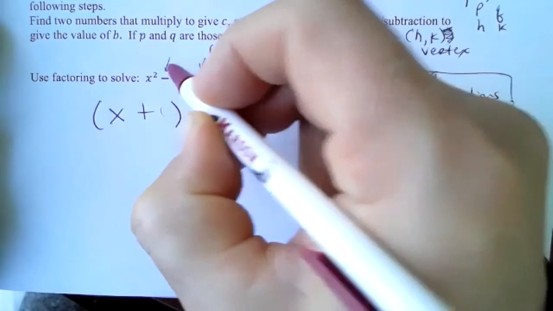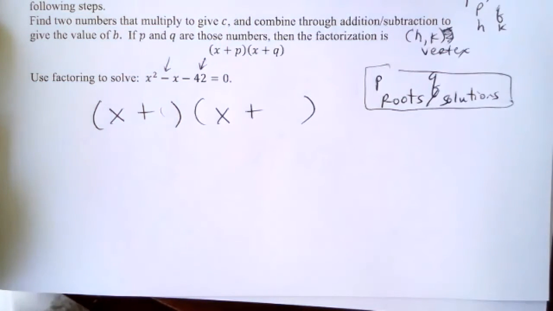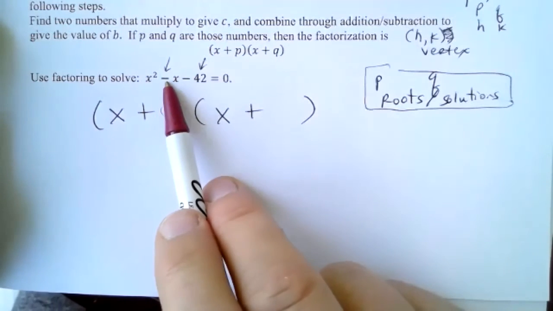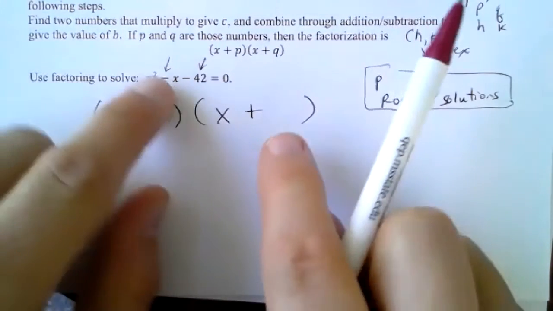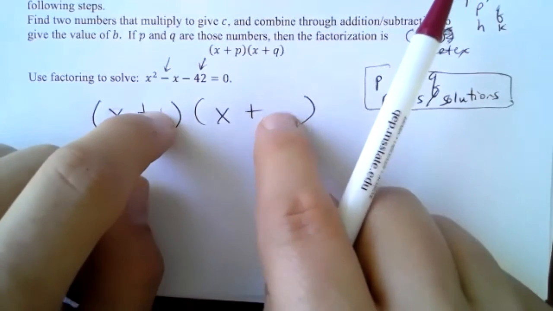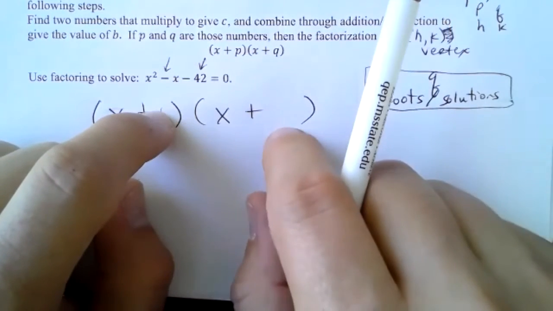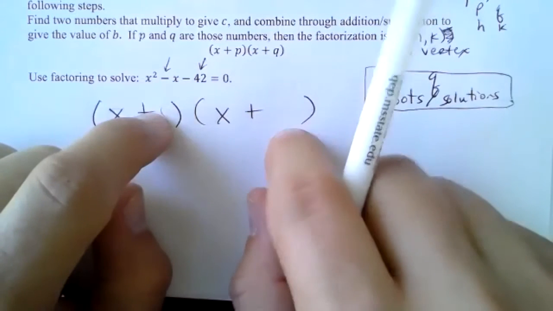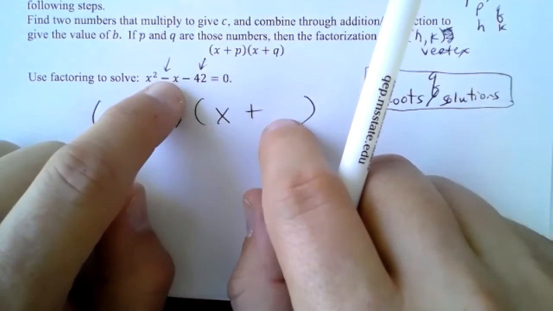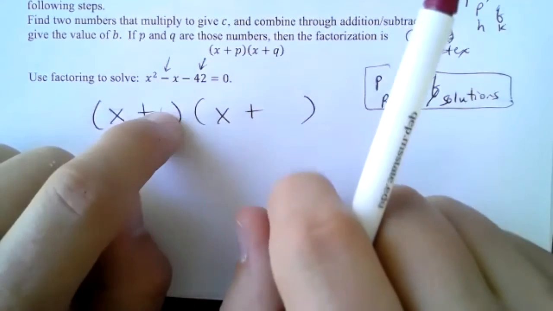It's important that you remember this, because if this number is negative, that means the values are going to have different signs, like one will be positive and one will be negative. Okay, the signs are going to be different when we're talking about P and Q.